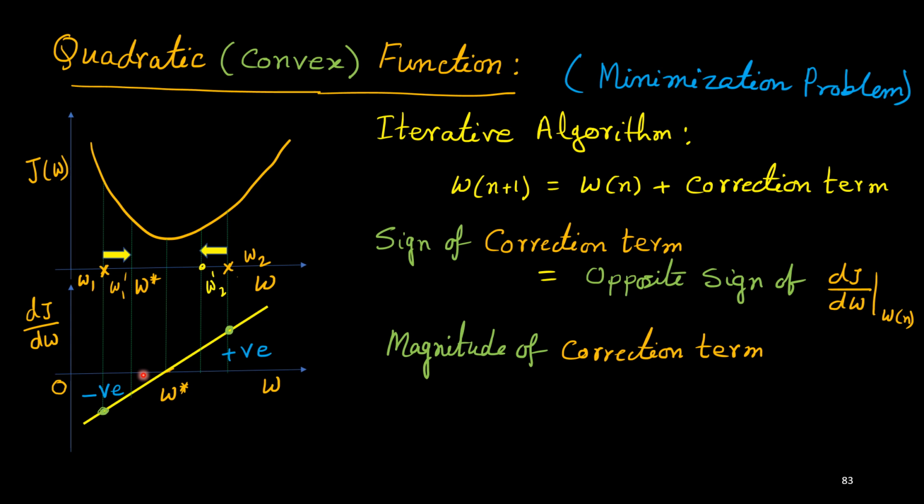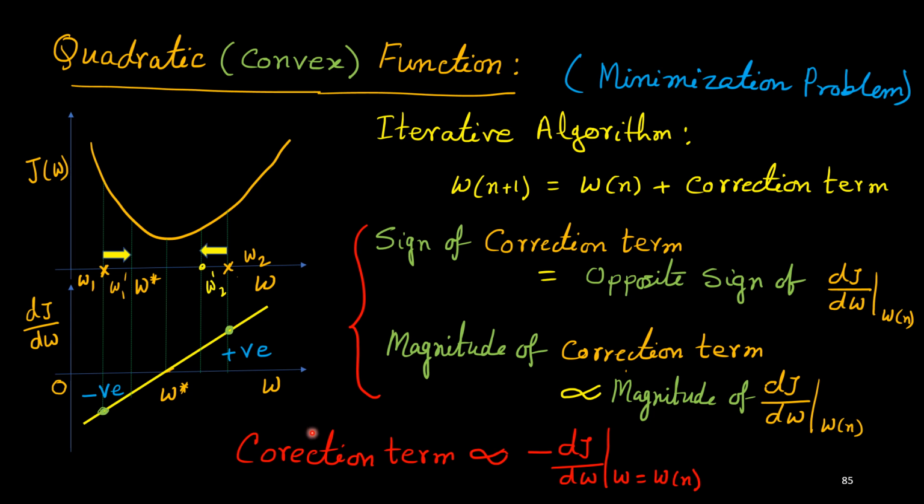So we'll consider the magnitude of this correction term directly proportional to the magnitude of this derivative term. Here we have considered sign, here we have considered magnitude. If you combine these two together, then this correction term is directly proportional to the negative of the gradient. Negative is coming from the sign, and this is the magnitude.